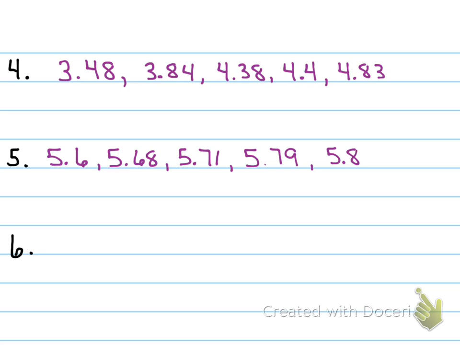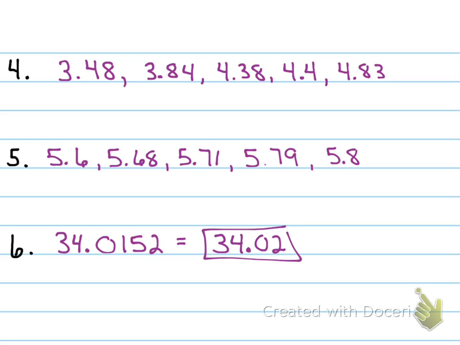Then when I round 34 and 152 thousandths to the nearest hundredth, it's 34 and 15 hundredths. All right, who got them all right? Okay, if you understand that, that's everything you need to know for 2.1.